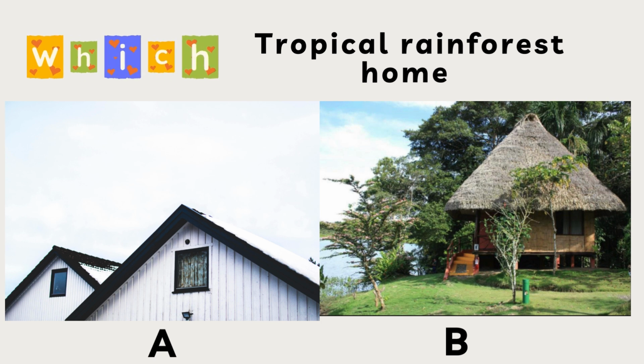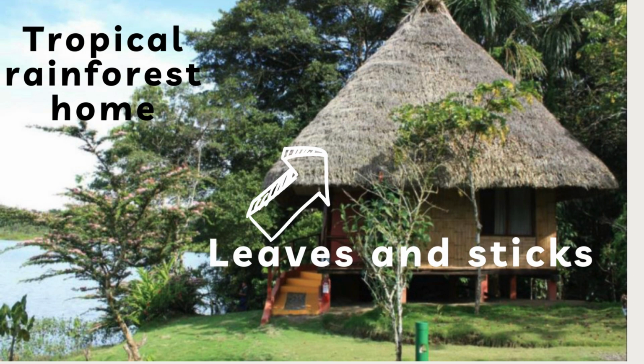Yes, here we have two pictures, and our home now is in the tropical rainforest. So you know that the rainforest all the time has rain. It is a rainy forest, okay? So which one will be suitable for the roof of the home that is in the tropical rainforest region?